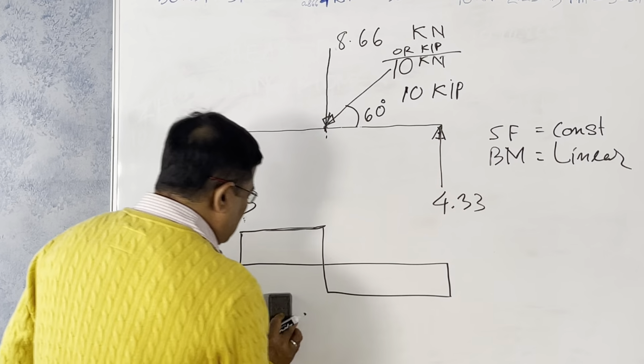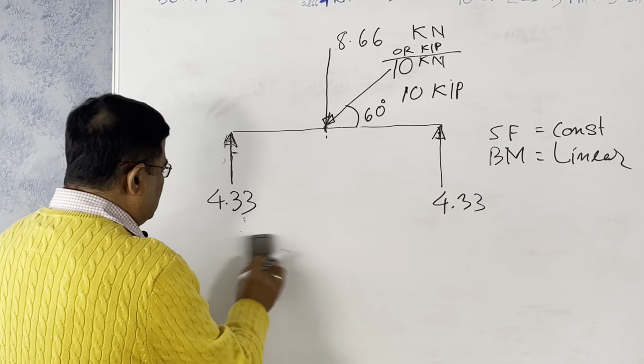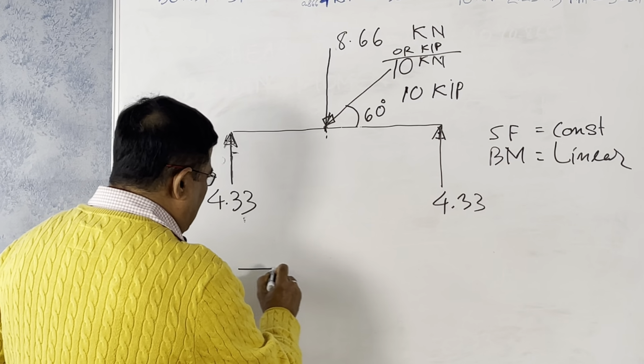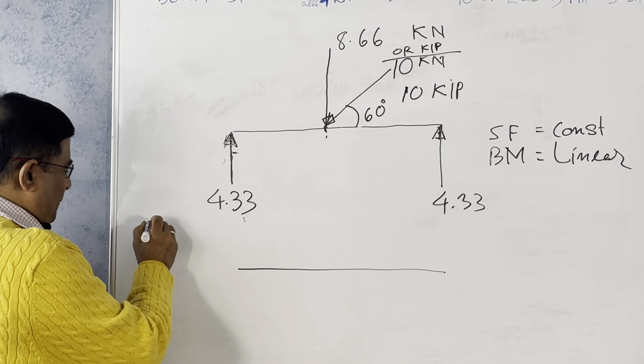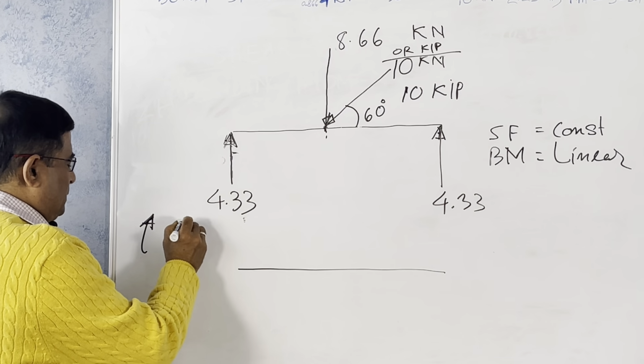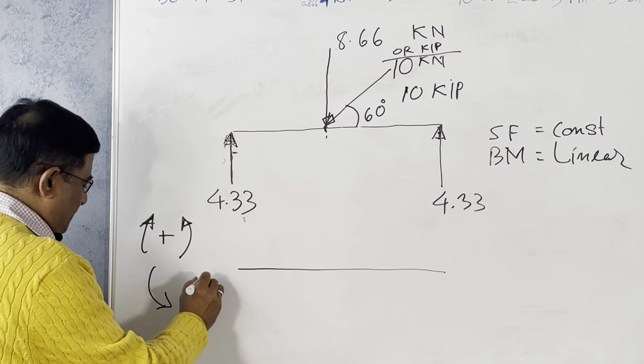Okay. Now let us draw the bending moment diagram. Now we have a convention there. This is positive, this is negative.